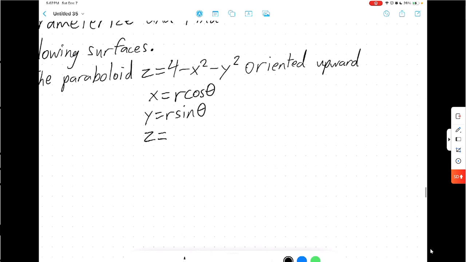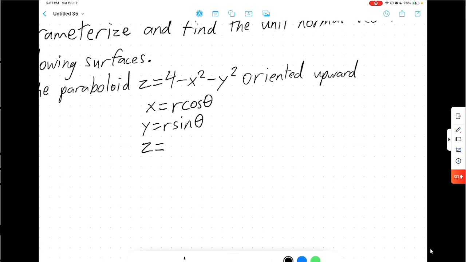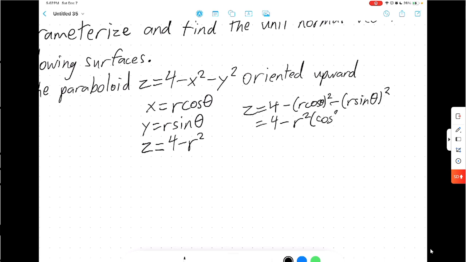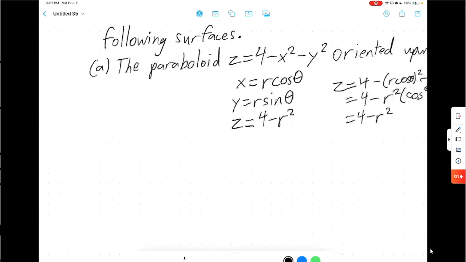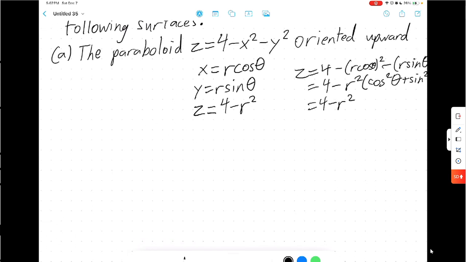And for z, if we plug r cosine theta and r sine theta into the original, we get 4 minus r cosine theta squared minus r sine theta squared. This is equal to 4 minus r squared times cosine squared theta plus sine squared theta, which is just 4 minus r squared. So that's going to be our parameterization.